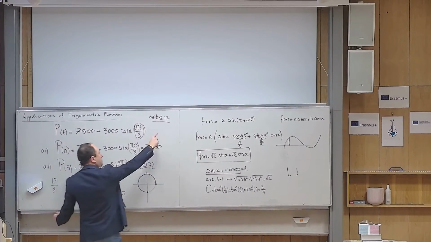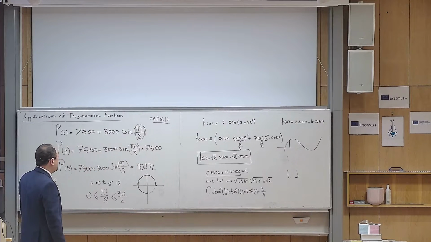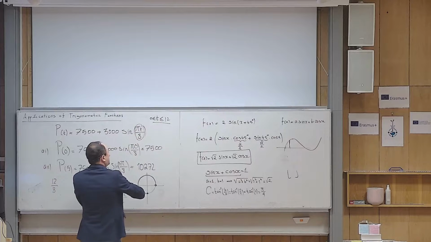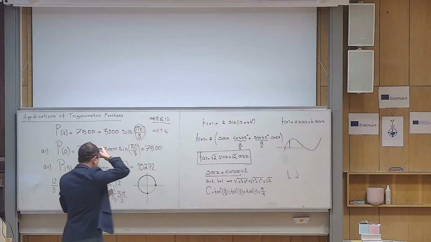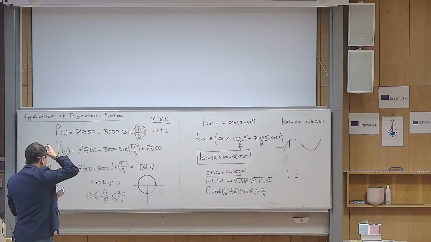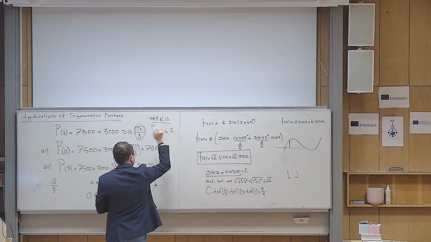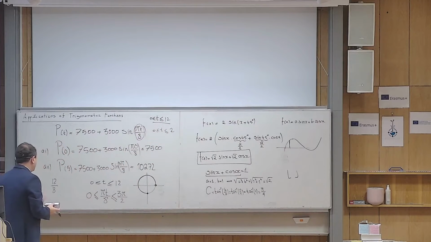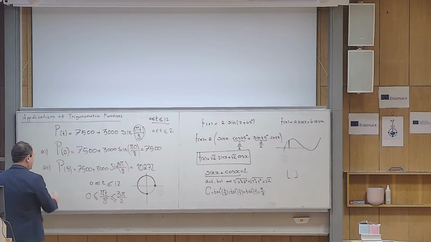Because sometimes, for example, if I make this interval shorter, instead of having that interval be 12, let us imagine that t is between 0 and 2 weeks. If I do the same thing and multiply everything by pi over 8, the left-hand side becomes 0, and the right-hand side becomes pi over 4.